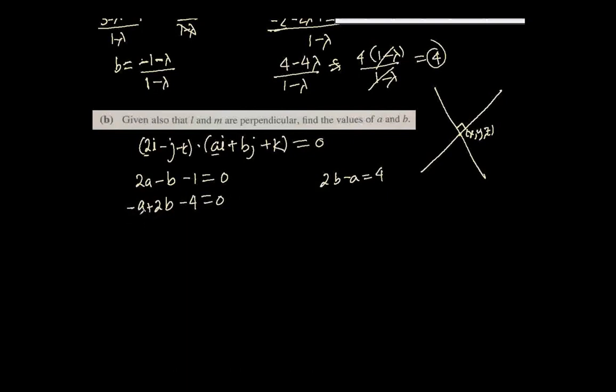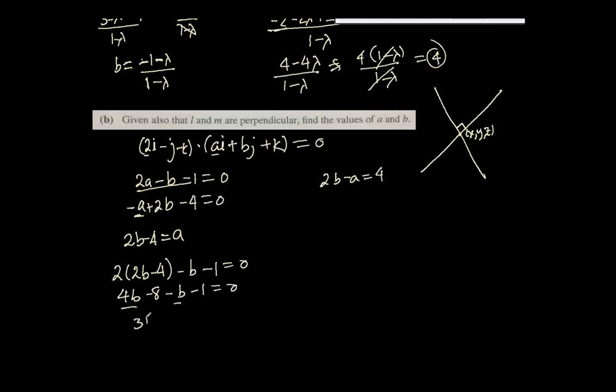So let's do this: a, I'll bring it to the right side. So 2b minus 4 is equal to a. That's what we can write. And substitute that in the first equation. 2 times a is now 2 times 2b minus 4. I'm using substitution. Minus b minus 1 equal to 0. 4b minus 8 minus b minus 1 equal to 0. 4b minus b is 3b.